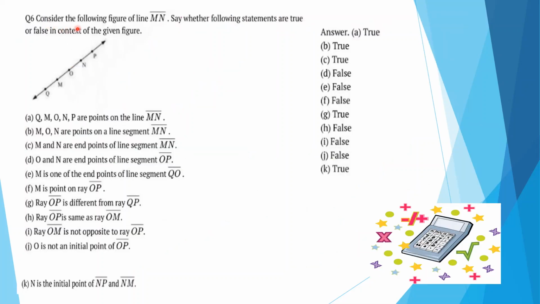Question number 6. Consider the following figure of line MN. Say whether the following statements are true or false in the context of the given figure. So children, you are looking at this line. Here you have the points P, N, O, M and Q. Q, M, O and P are points on the line MN.